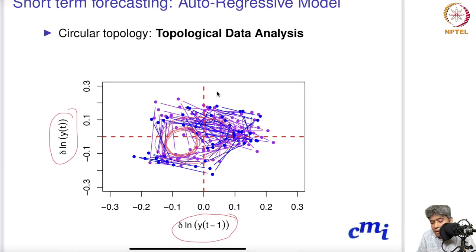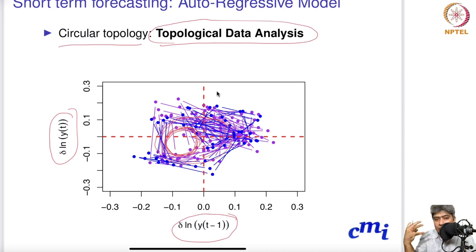This is typically called circular topology, and it falls into the category of topological data analysis. I am not going to discuss it, but topological data analysis is a new and very exciting area. What is the topology of the data? Is there a hole in the data? And we are seeing that there is indeed a hole in the data.